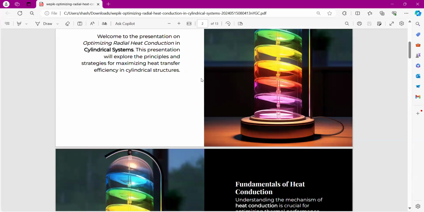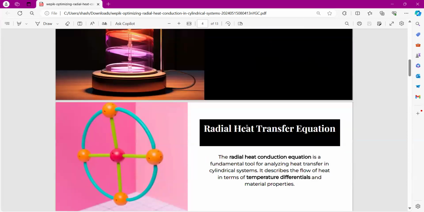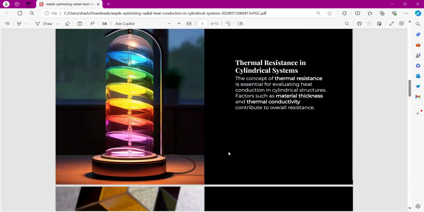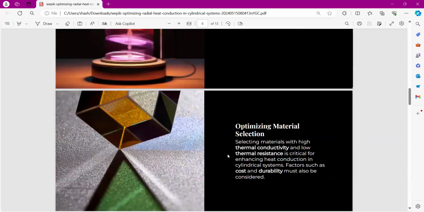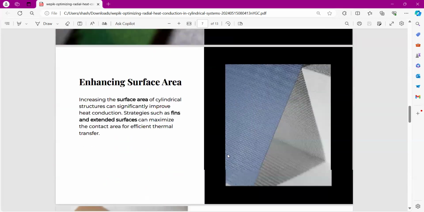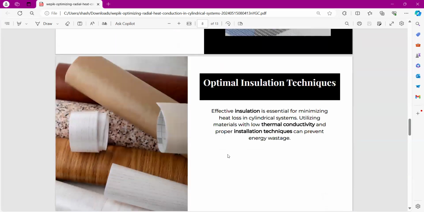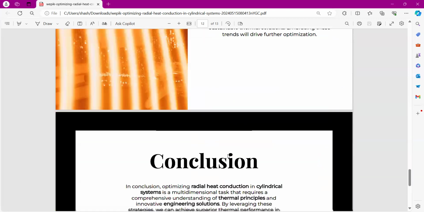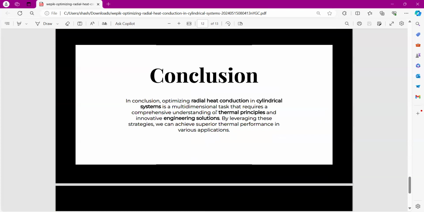Understanding the fundamentals of heat conduction, the radial heat conduction equation, thermal resistance, factors affecting thermal resistance, materials, surface area, extended surfaces, insulation techniques can lead to a better understanding of thermal principles, which lead to innovative ideas in engineering solutions.